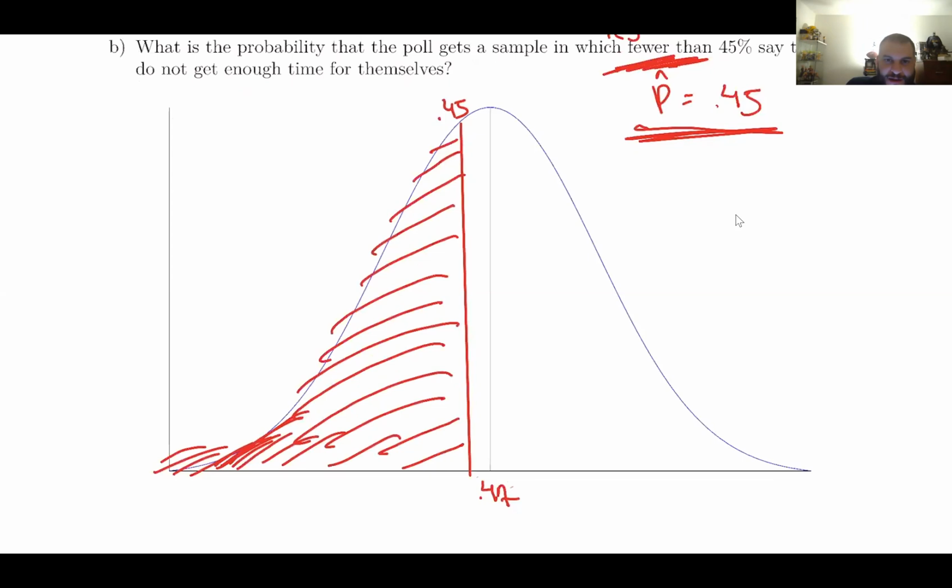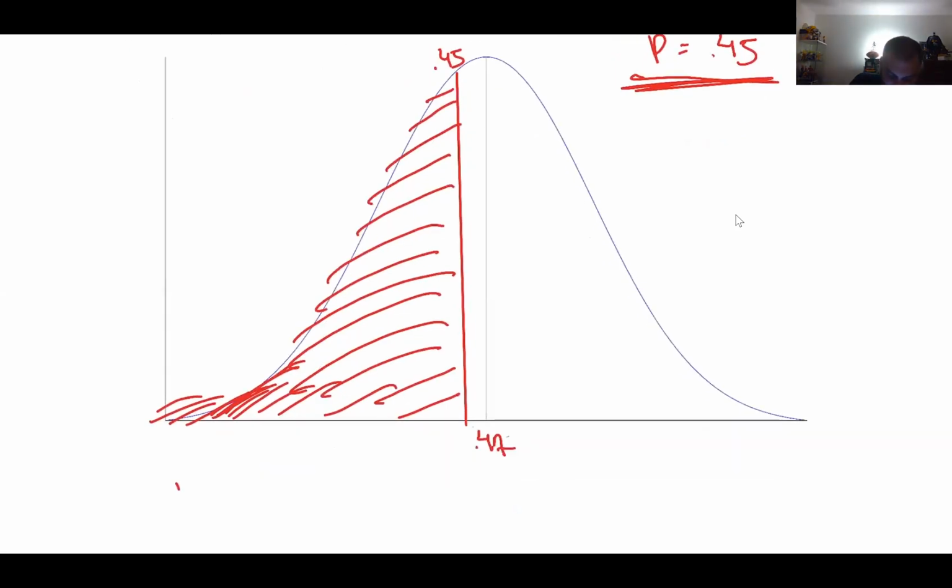All right. So let's go ahead and do our normal CDF. For this one, what's my lower bound? Negative 10 to the 10 power. What's my upper bound? What's my mean?